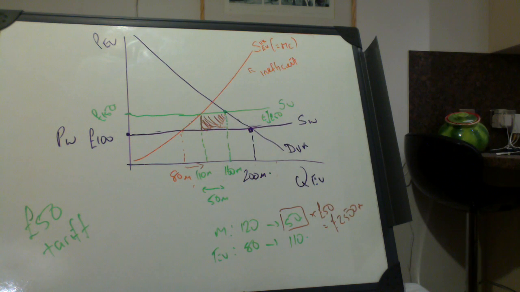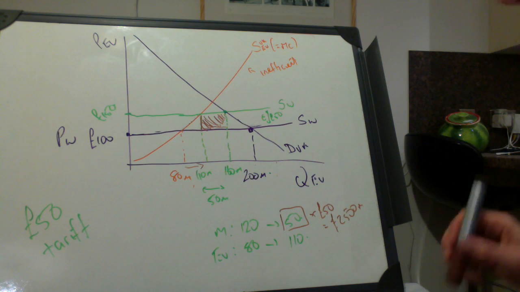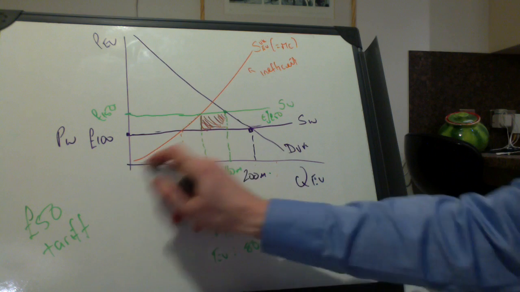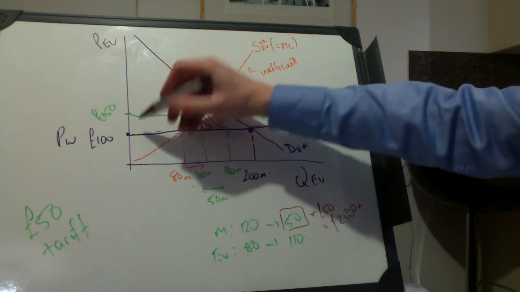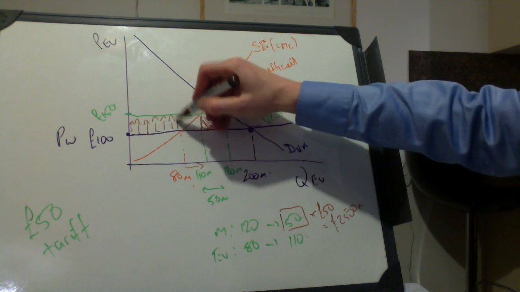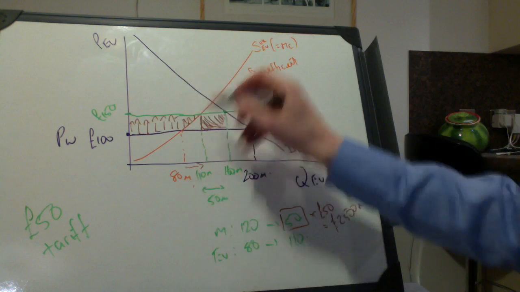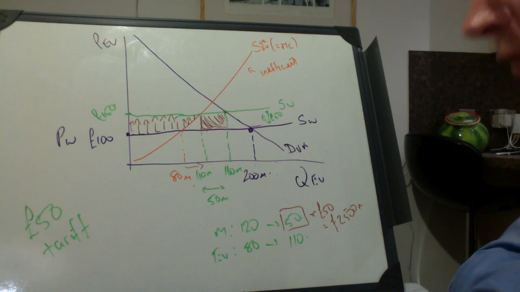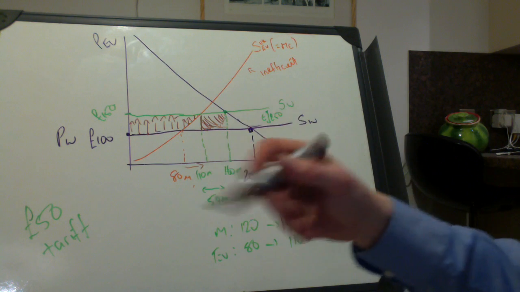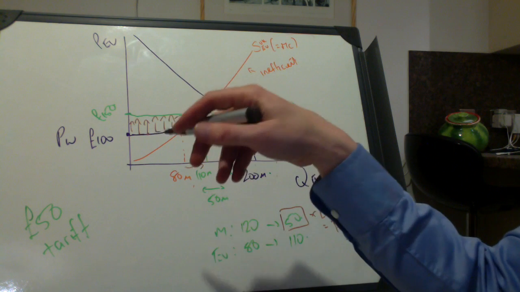The second thing we can show is that UK local producers are much better off. The original 80 million units are now getting 50 quid extra, so they're getting an increase in their price. But also there are new producers who are also getting producer surplus. So producer surplus rises by those arrow amounts. Producer surplus is the difference between the minimum price that producers would accept and the actual market price.